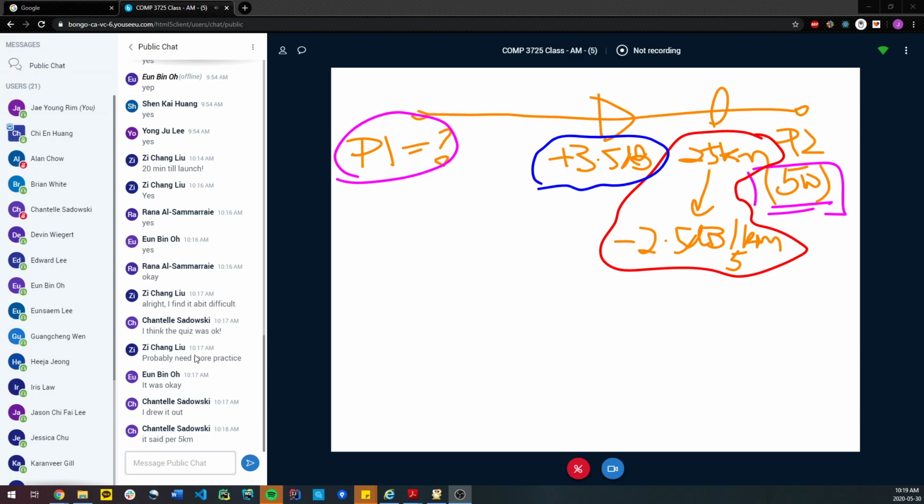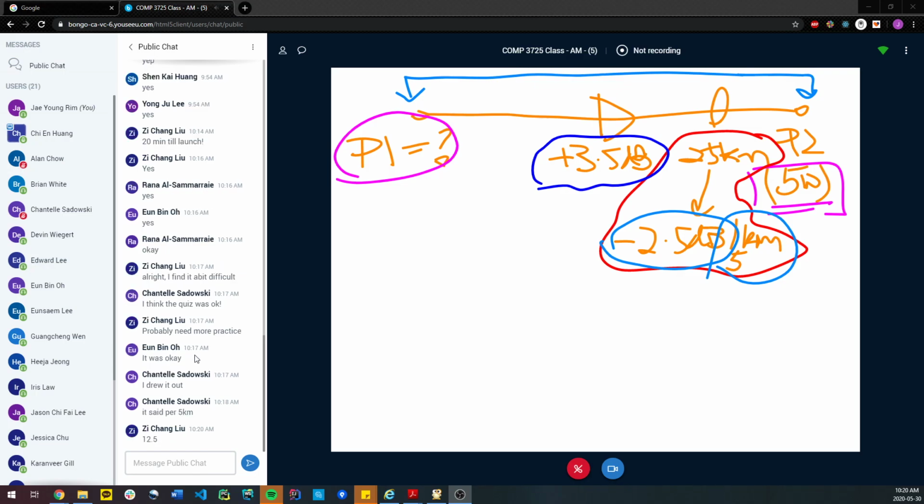A couple of things I want you to be able to figure out. How do I find out what the total is? The goal is to figure out what this total path is in terms of gains or losses. So if you're losing 2.5 dB for every 5 kilometers, how much do you lose in total? Chantel?